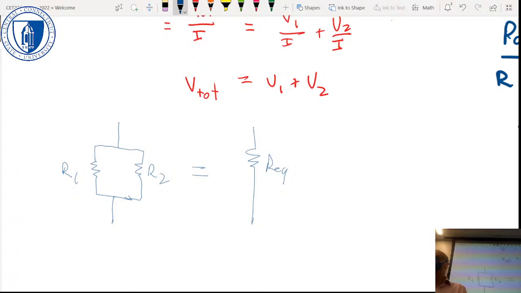Now, I'll go back with the yellow colour. Right, now we've got those two, and they're in series, exactly. So now we can, let's move that over there.